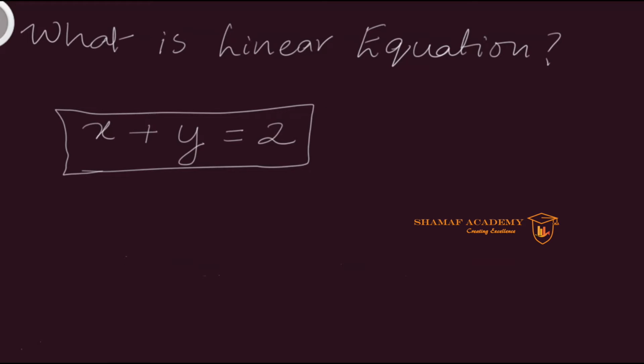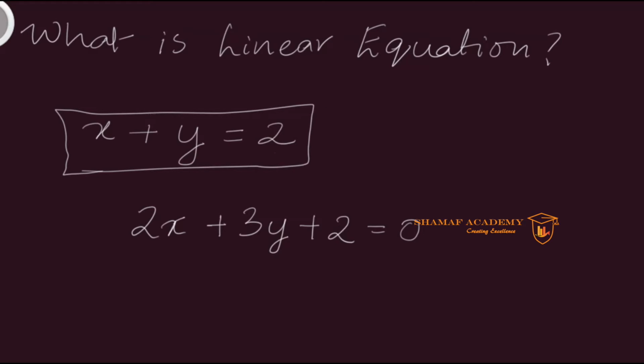Coming back to linear equations, let's write one more equation of this. Let me write 2x plus 3y plus 2 equals 0. So this is also a type of linear equation. Over here I have the 2, which is also called a constant.